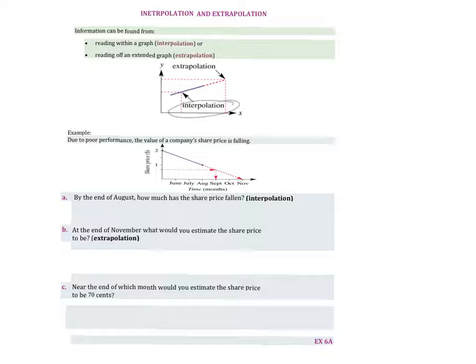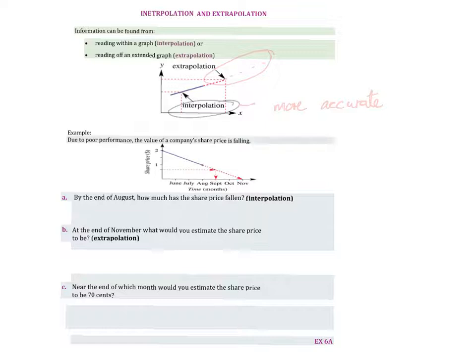Now, once you start extending your graph outside the data you've got, like this red line here, that is extrapolating, because you are now deciding that the data is going to continue to be in a straight line, and therefore it's almost like a guesstimate. So it makes sense that interpolating would be more accurate than extrapolating.